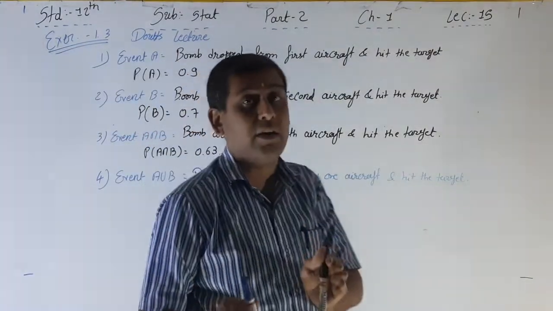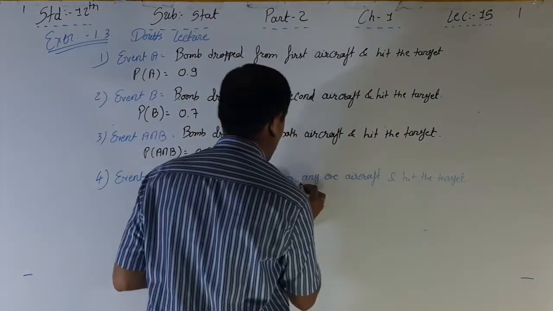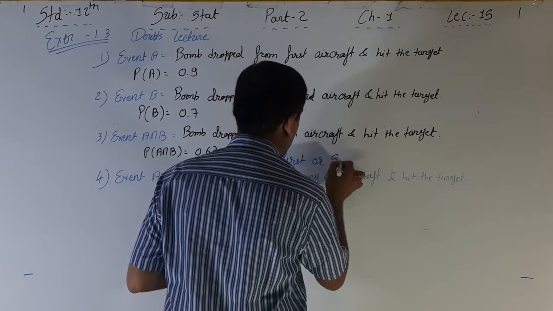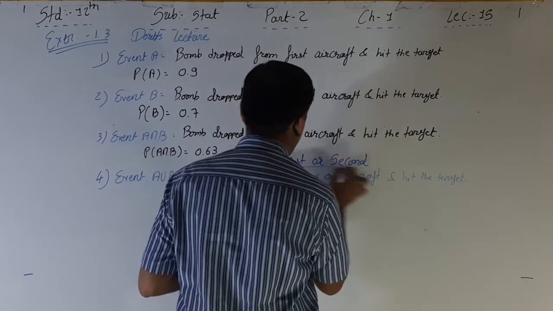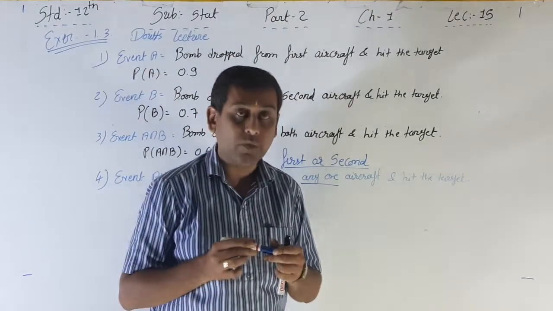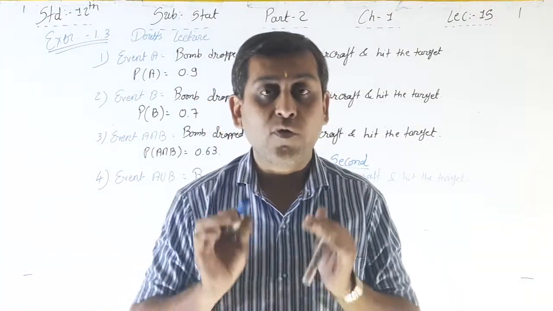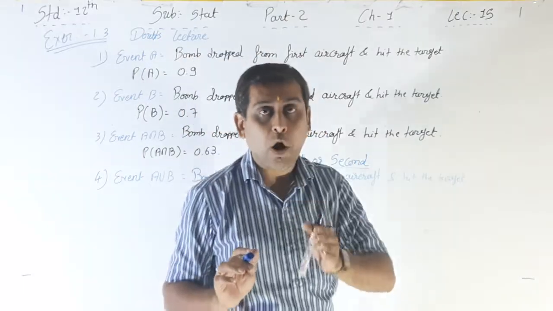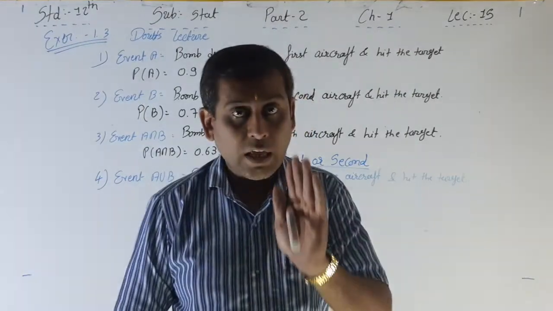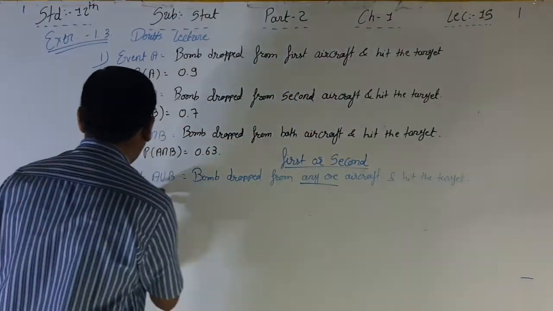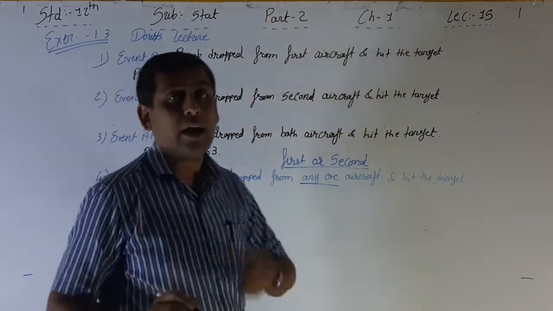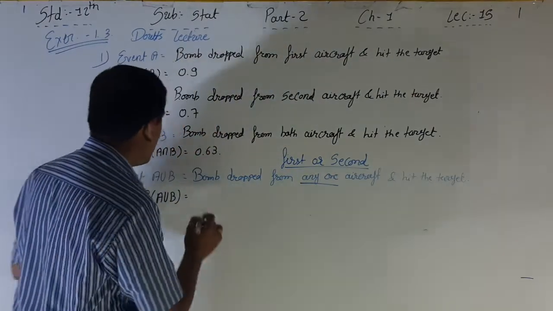First or second, right? Anyone means what? Bomb drop from any one aircraft and hit the target, right? The bomb is dropped on the bridge and the bridge will be destroyed, right? That is the target, that is the main probability. So here we have to find out the probability P of A union B. And what is that? P of A plus P of B minus P of A intersection B.